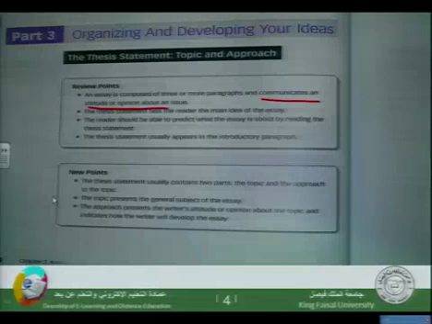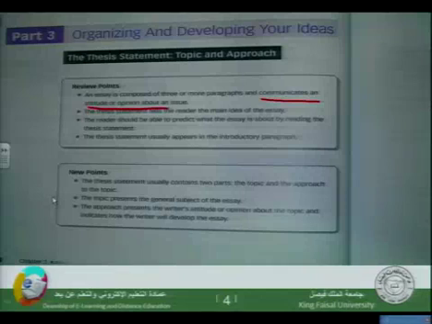So what distinguishes an essay is that in an essay you kind of express your opinion. Either you are for or against, you like or you dislike.